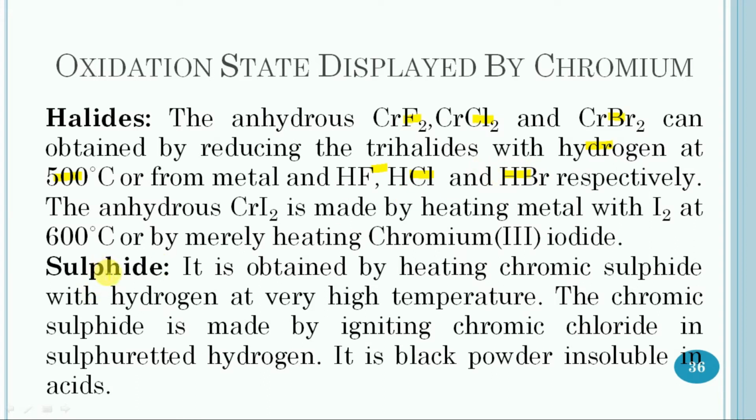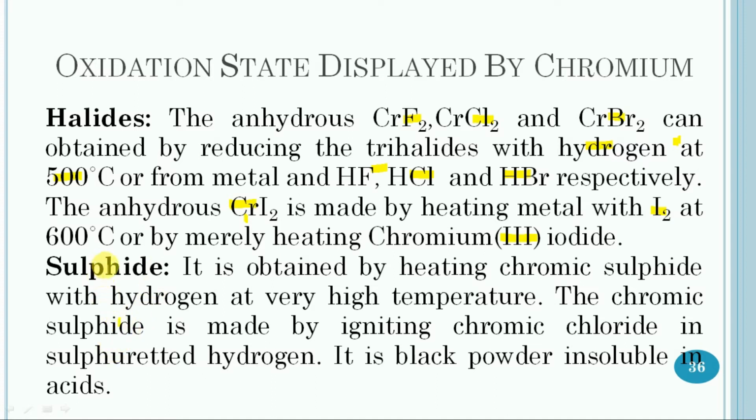The anhydrous diiodide is made by heating metal with iodine at 600 degrees Celsius, or merely heating chromium 3 iodide. The dihalides are readily oxidized in air to the oxidation state 3 unless protected by an inert atmosphere such as nitrogen. So it is all about the halide of chromium in oxidation state 2.